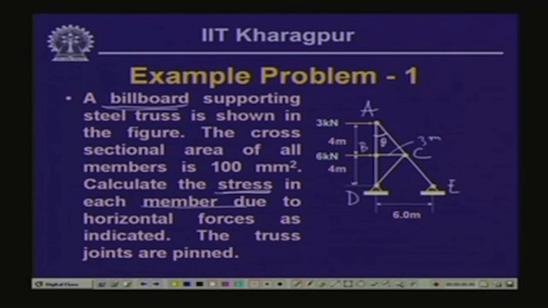then if we take the free body of this part, if we take a section here, then we have the member which is like this, this is theta, and we have the horizontal force acting here, which is 3 kilonewton.